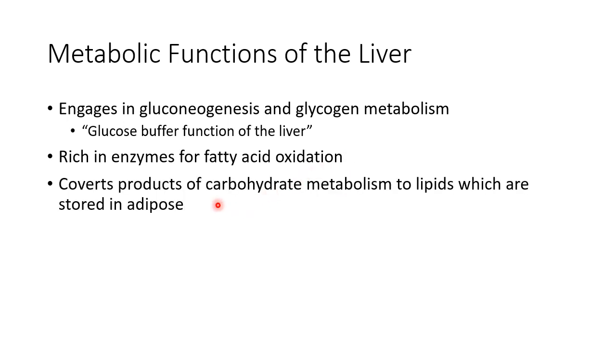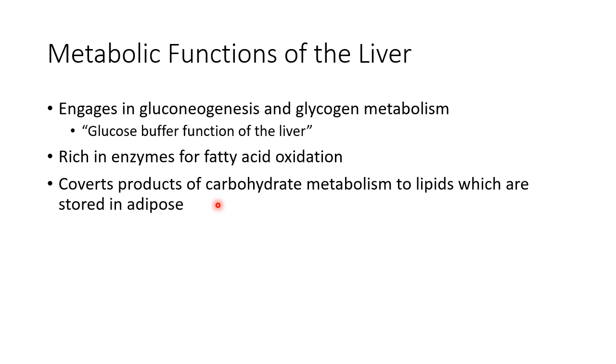On the opposite end of the spectrum, if there are excess products of carbohydrate metabolism, the liver converts them into free fatty acids and lipids, particularly triglycerides, which exit the liver via VLDL.